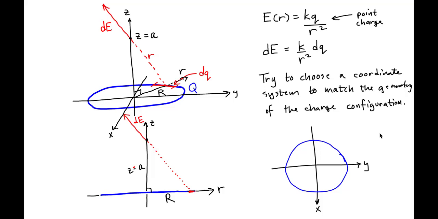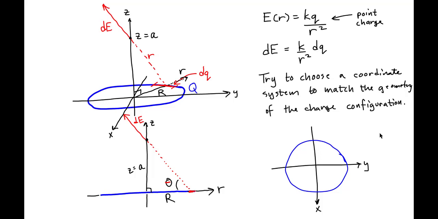This ring of charge also has a fixed angle, or at least the representative charge element has a fixed angle because it's always at the perimeter of the ring. The angle that the electric field makes with the xy plane will be constant.